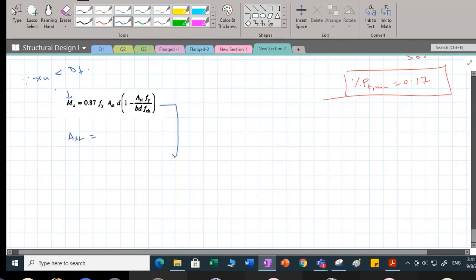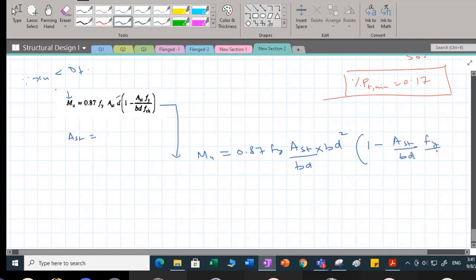But if you do some adjustment, I will do this adjustment. Mu equal to 0.87 Fy AST, I'll divide by BD, multiply by BD. So here you can see D, so I'll write here BD square, and again 1 minus AST by BD, Fy by FCK. Now this term AST by BD, I will call reinforcement ratio, rho.